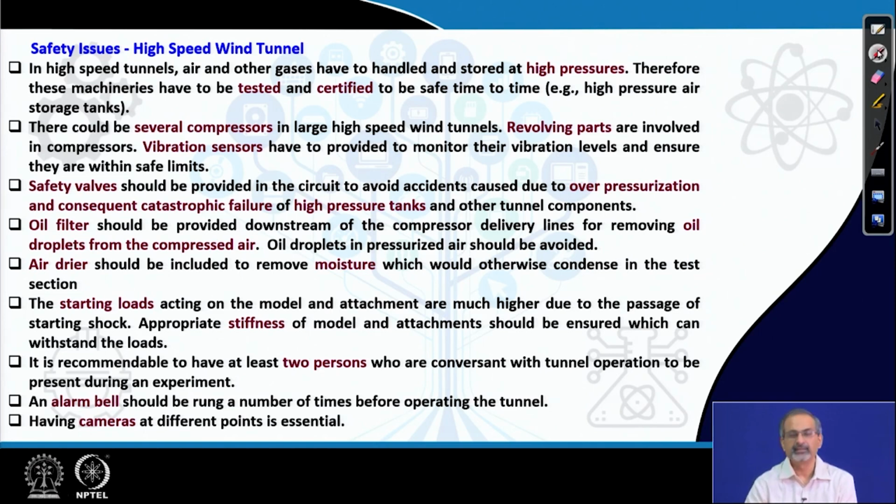Let us have a look at safety issues of high speed wind tunnels. In high speed tunnels, air and other gases are handled at high pressures. So, they are stored as well as handled at high pressures, and therefore, the machineries handling the high pressure sections have to be tested and certified from time to time, so that we ensure safe operation.